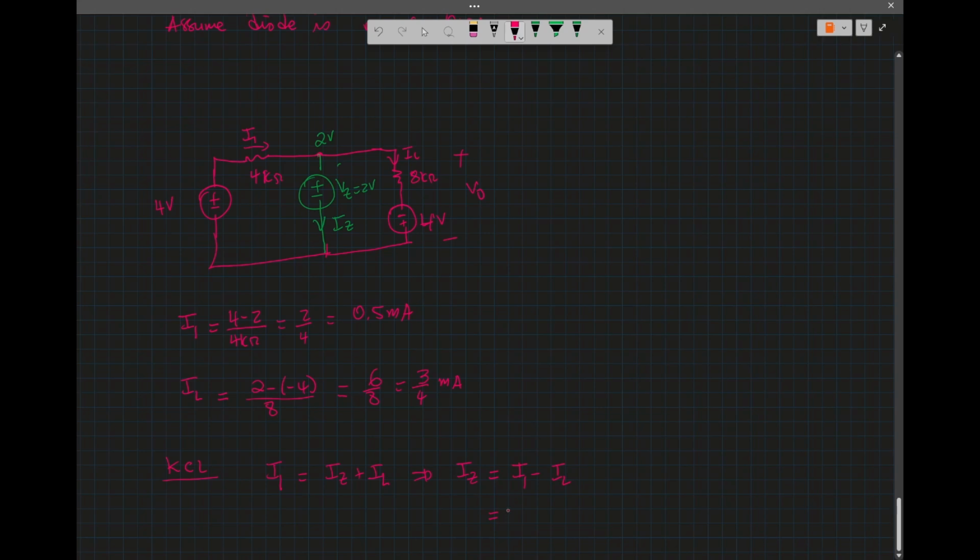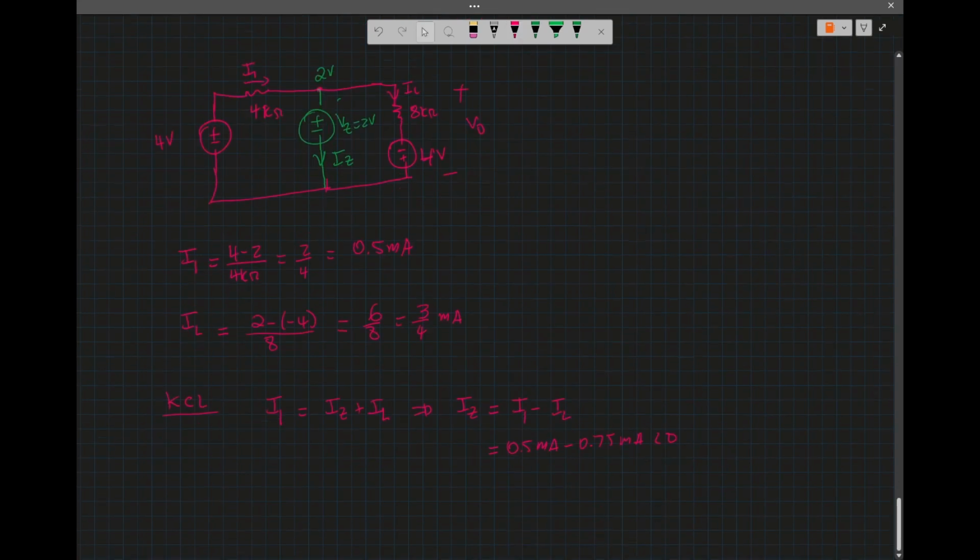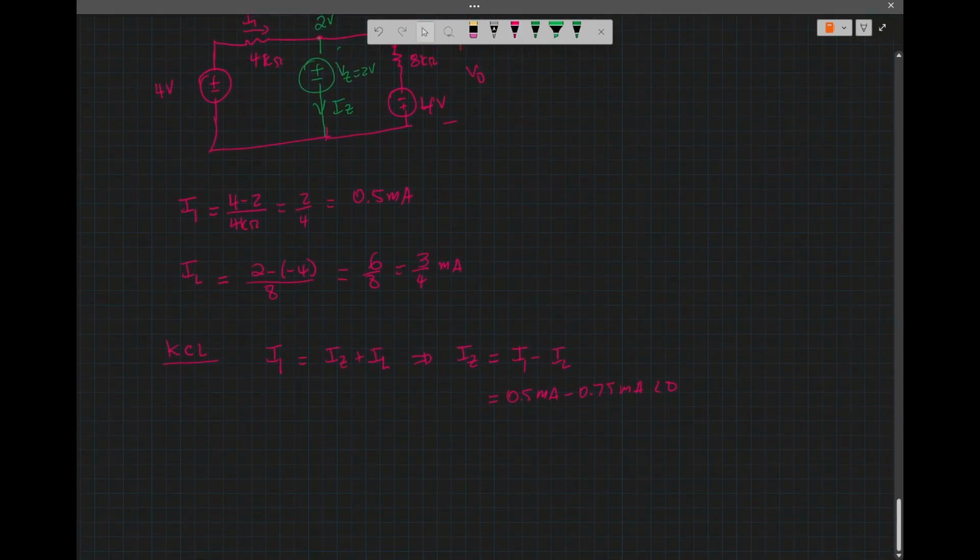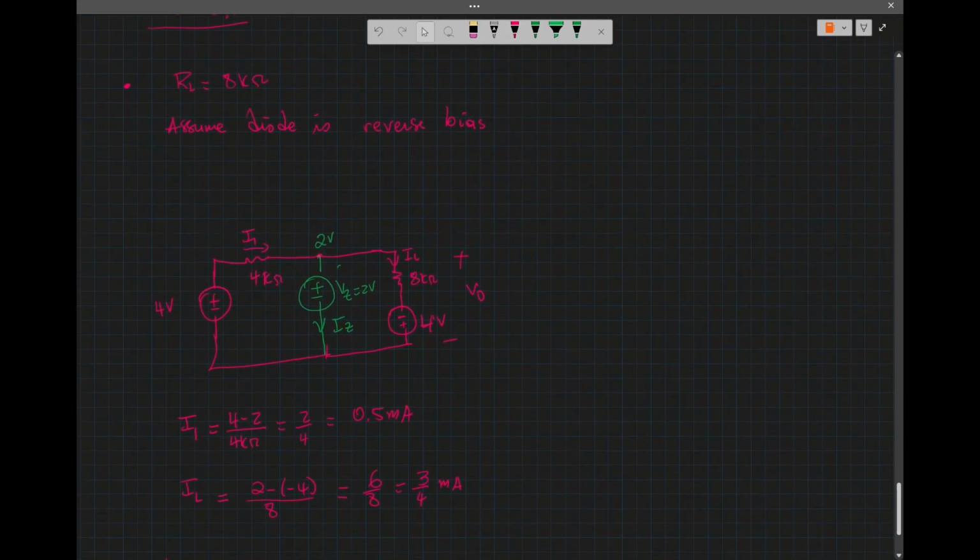So I1, which is 0.5 milliamp, minus 0.75 milliamp, which is less than 0. So the diode is not forward bias. So IZ is minus 0.25 milliamp, which is less than 0. So the diode is not.